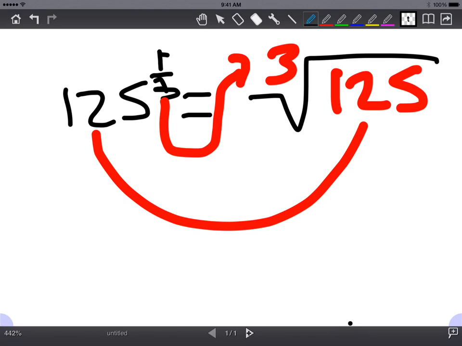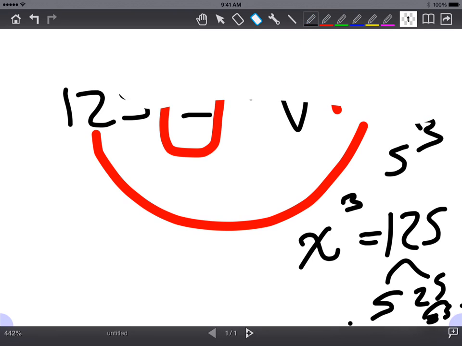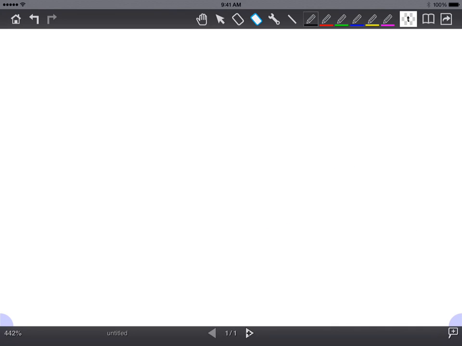And now we can actually try to solve this. So what x to the third power equals 125? What number raised to the third power is 125? And you could make a factor tree, and you'd come across that 125 is 5 to the third power. So that's the answer. And now I think you sort of get it.